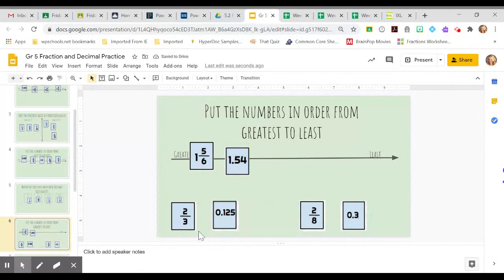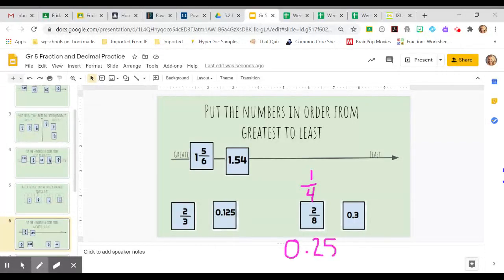And then I'm left with these decimals and fractions. So we talked about 2/8 again. Earlier, 2/8 is equivalent to what in simplest form? I can break down 2/8 so that it is 1/4. Good. All right, so this would be 1/4, which is also a quarter.